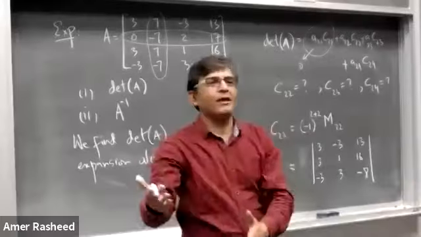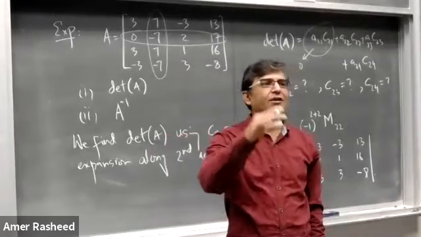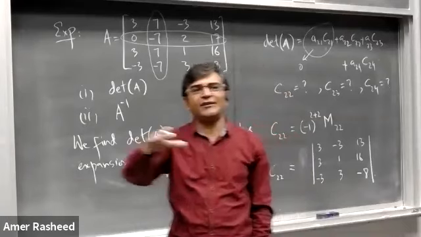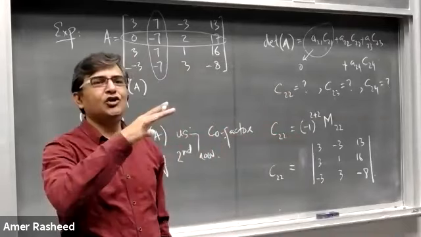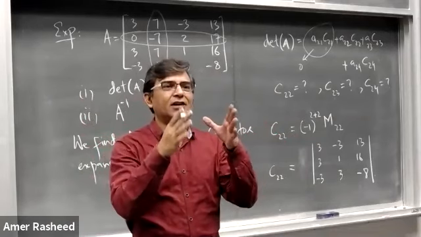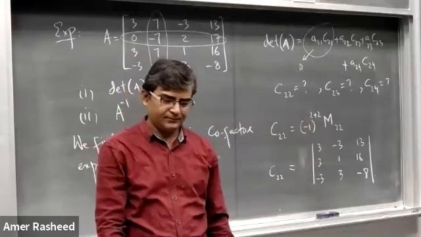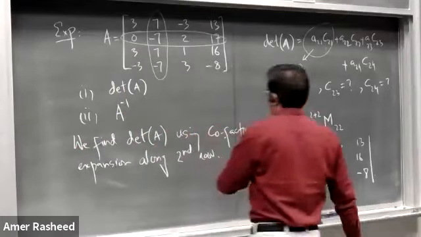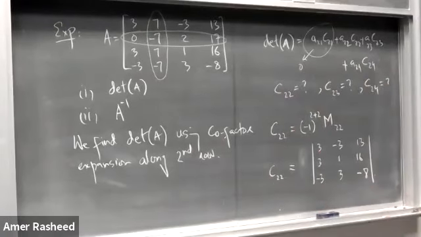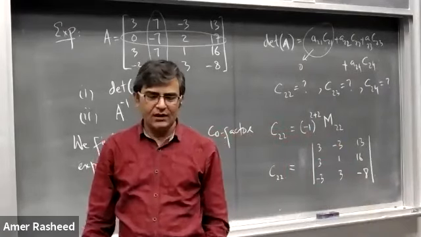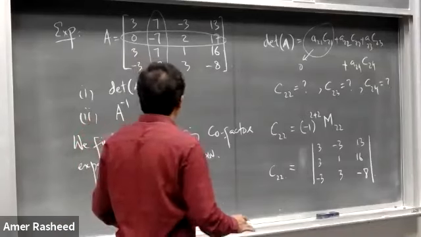Similarly, we will calculate C24, and there also we will use cofactor expansion in order to find the determinant of the 3 cross 3 matrix. So you apply cofactor expansions until you get determinants of 2 cross 2 matrices. It's basically a very long and tedious process of finding determinants of matrices. I hope you get it. If you have any question, you can ask me.